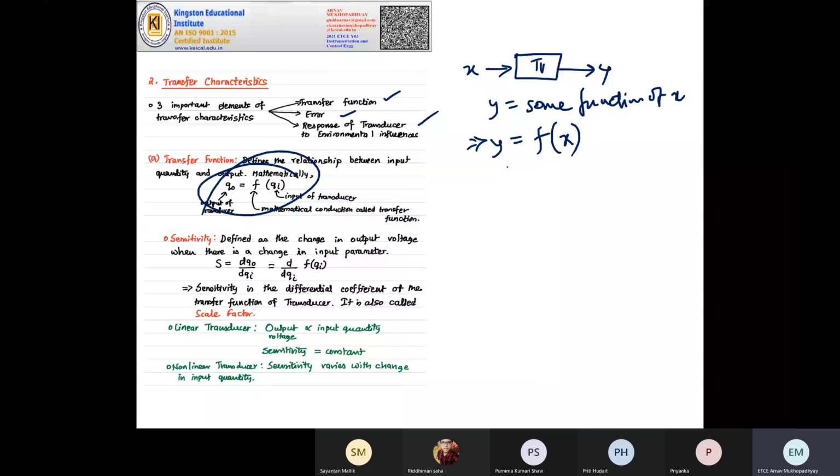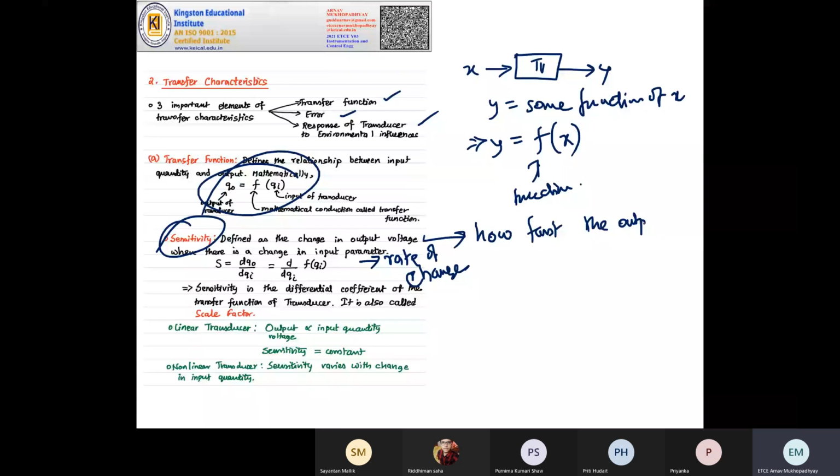Sensitivity. It can be defined as rate of change, or it says how fast the output changes when the input has changed.